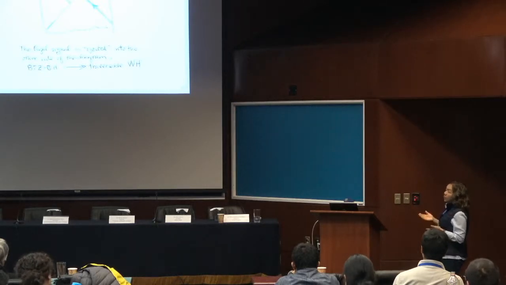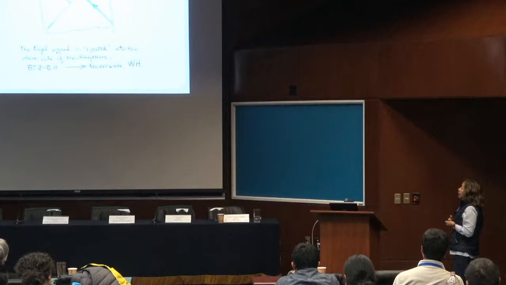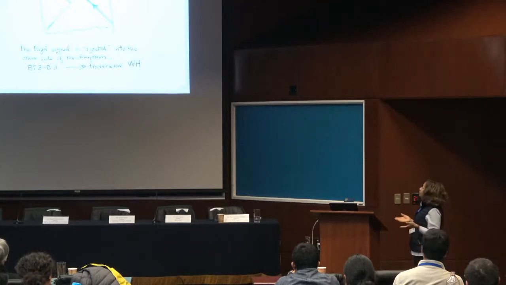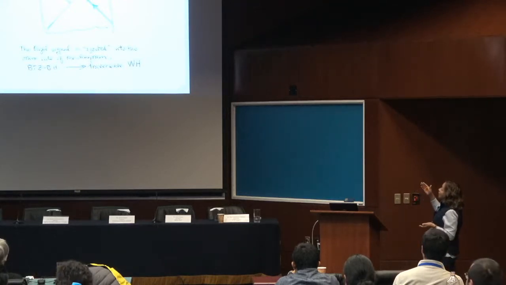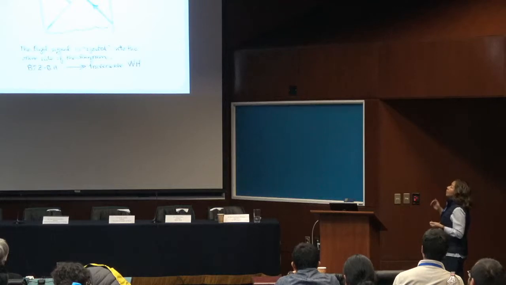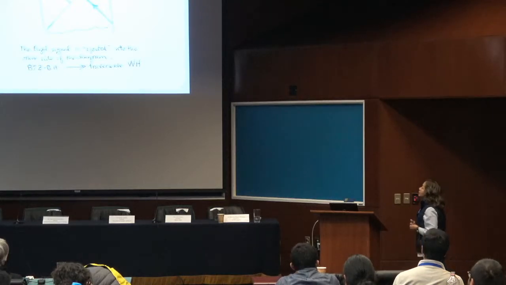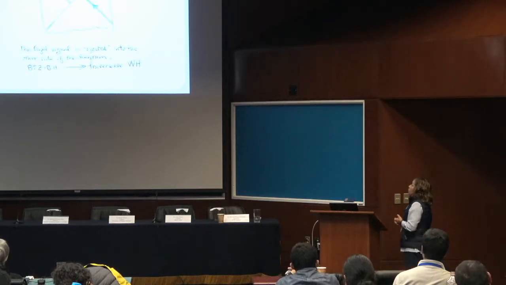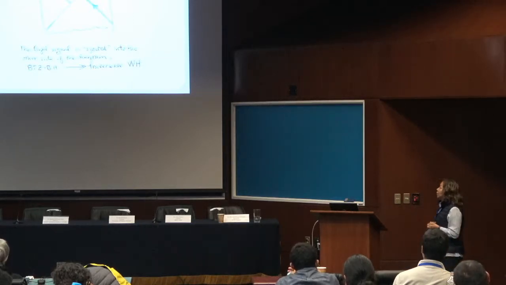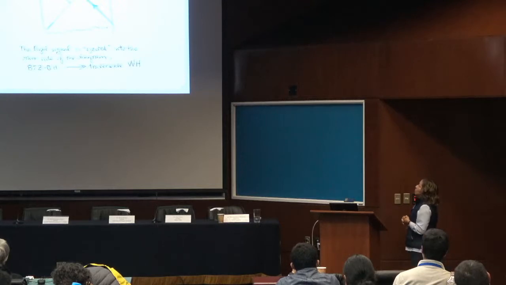So in this process, a wormhole is created, a wormhole that a light ray can traverse in this way. And this is a way of constructing wormholes.